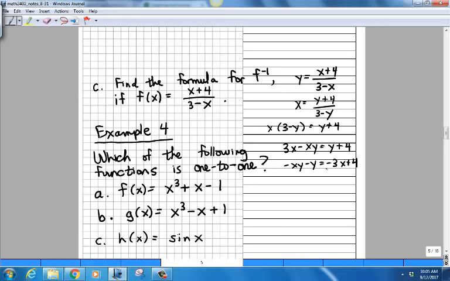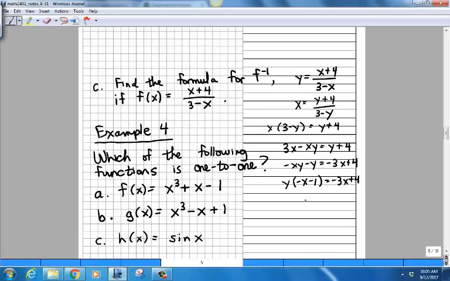All right, so you're rearranging terms because you want all the y terms on one side, right? And then you rewrite this as y times negative x minus 1 is equal to negative 3x plus 4.